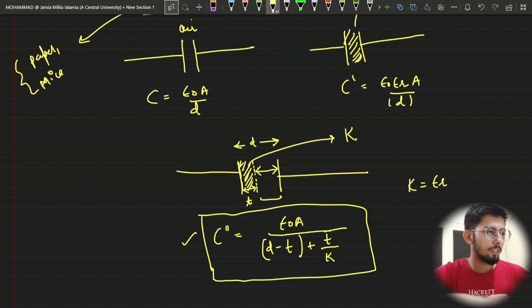Okay, let's finish the last topic, because then we'll be relieved of it, except the dielectric thing, but that will take a separate class.